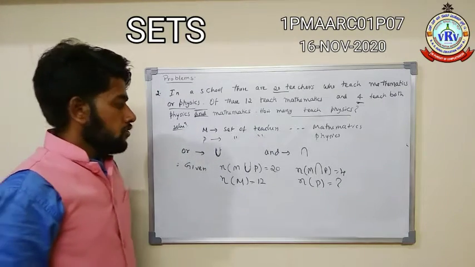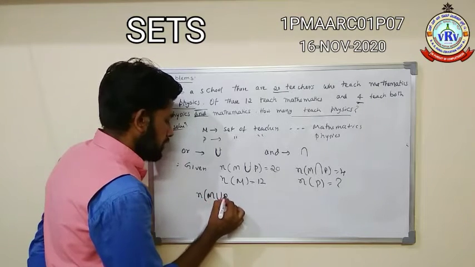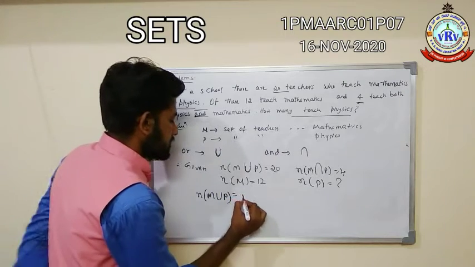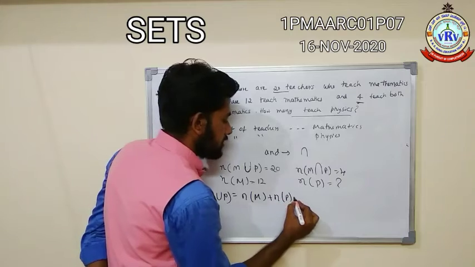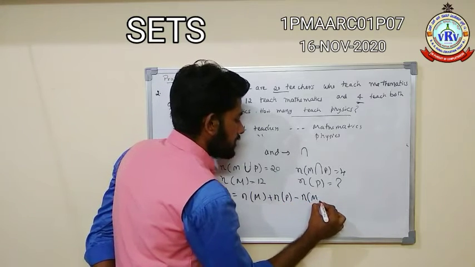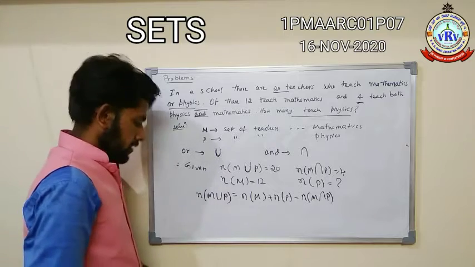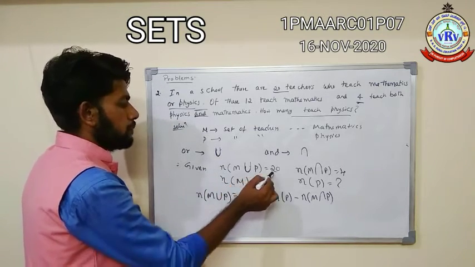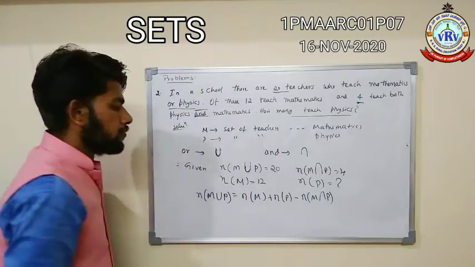You know the formula n of M union P. Here the sets are different, but the formula is the same, right? Number of the first set plus number of the second set minus number of the intersection between these two sets. We know n of M union P, n of M intersection P, and n of M also.